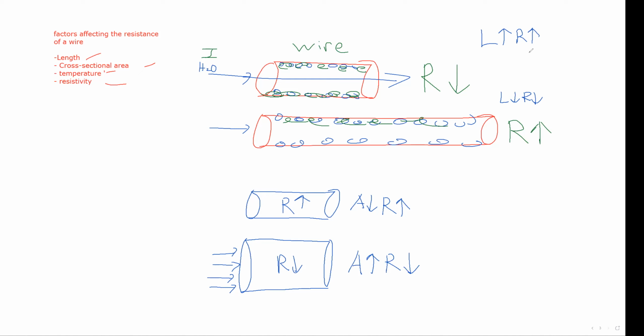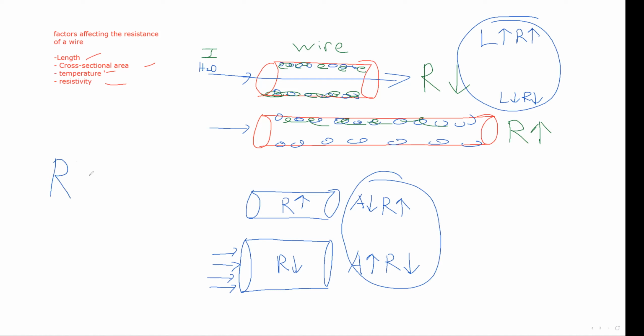These two are the important part. Generally in your exam, they'll test your understanding based on this formula: resistance is dependent on length over the cross-sectional area of the wire, which makes sense, right? Just now I said higher length, higher resistance. If I have a higher cross-sectional area, then I'll have a lower resistance.